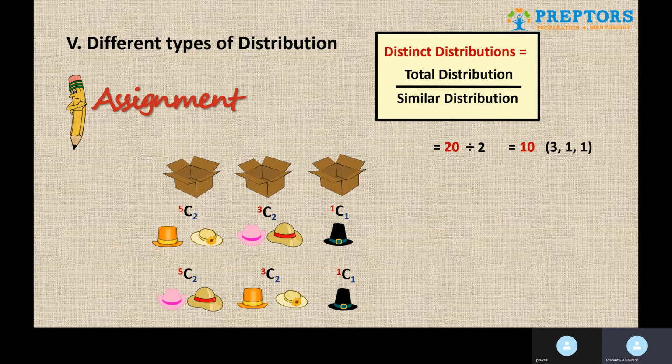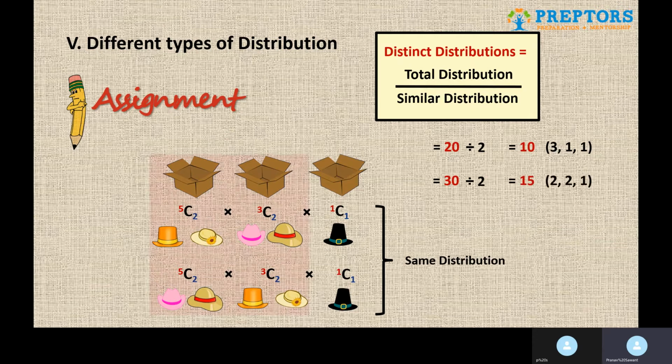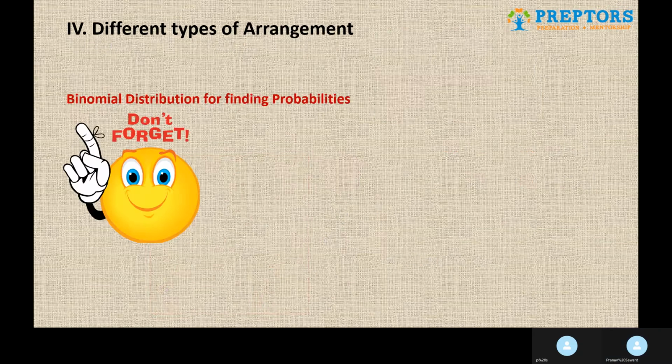So we will apply the same formula to find distinct distribution. Distinct distribution is total distribution upon similar distribution. Total distribution is 30 divided by 2, that would give us 15. Hence, it will be 1 plus 5 plus 10, plus these two values, that is plus 10 plus 15. That will be the final answer.